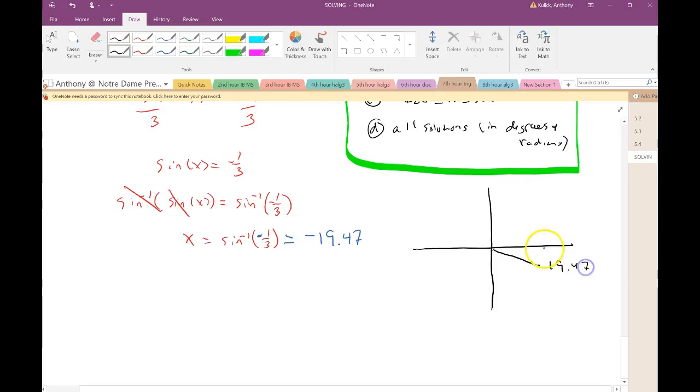So negative 19.47 degrees is here. Everybody agree with that? That's the same thing as this angle that will have a positive angle measure and will be less than 360 because it's less than a full circle, correct? So to find that, I can just add 360 to negative 19.47.